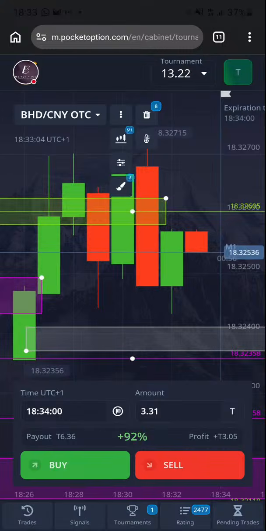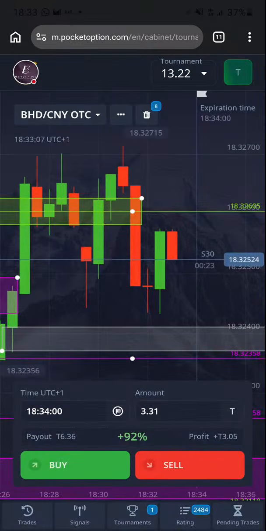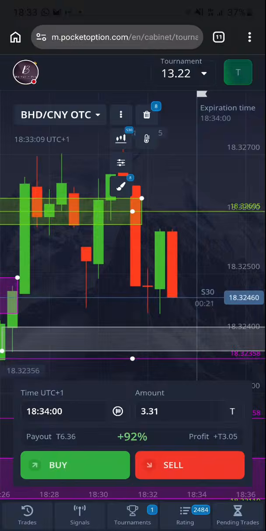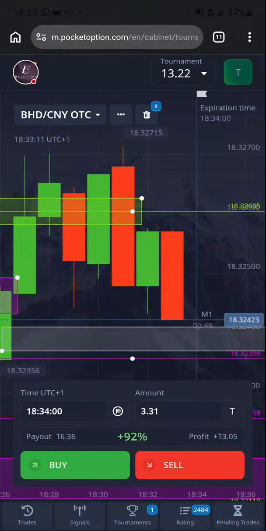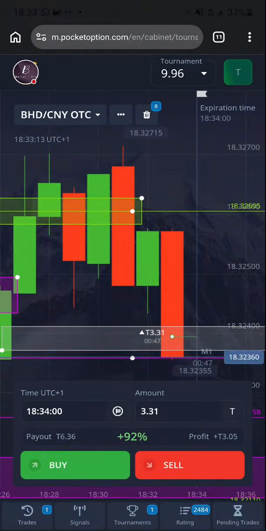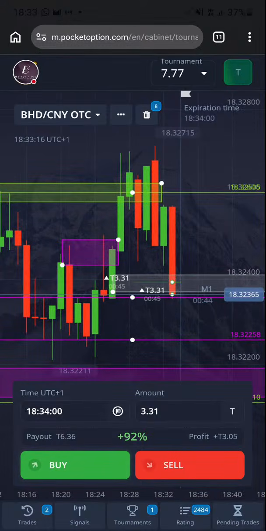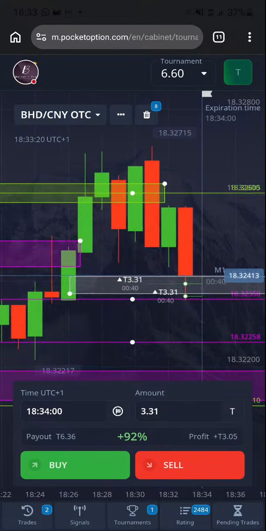I'm expecting a red candle here. I'm expecting a pullback.